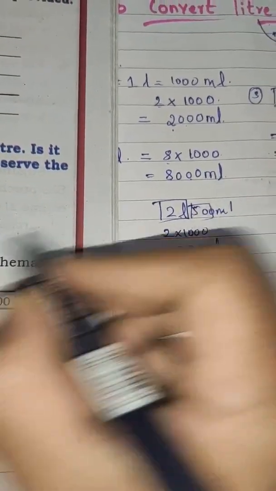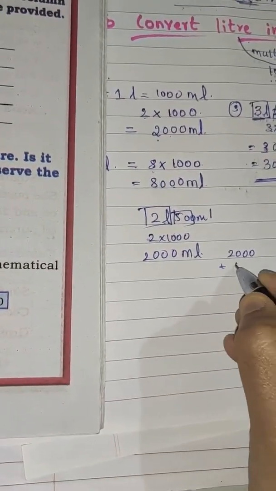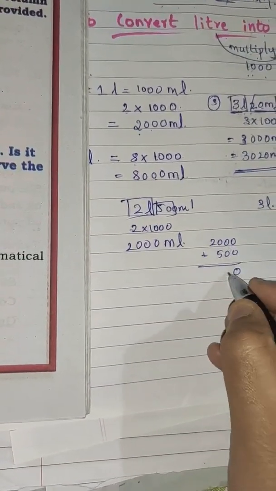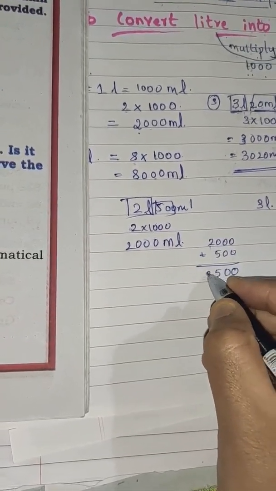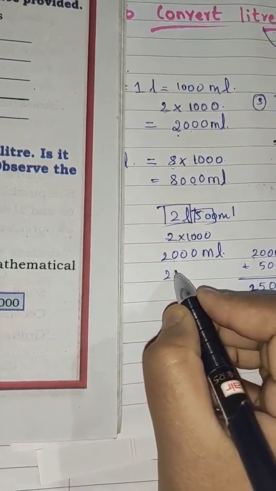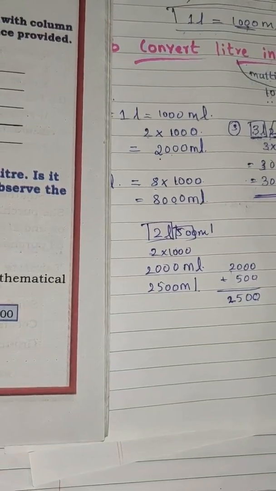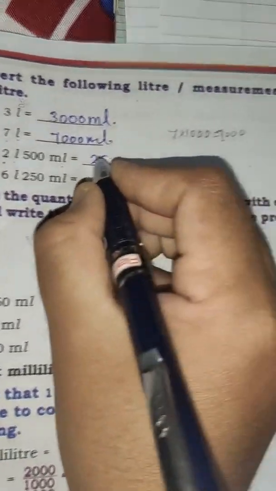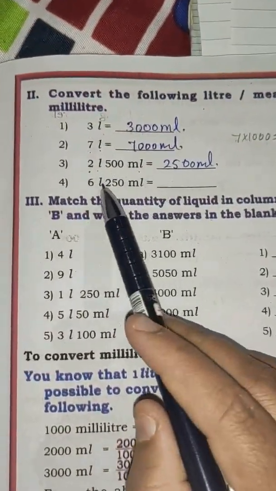Then you have to add this 500 to this. 2000 plus 500: 0 plus 0 is 0, 0 plus 0 is 0, 0 plus 5 is 5, 2, nothing is there, so just take it down. So 2500 ml. Understood, children? Okay, we'll write here 2500 ml, means milliliter.